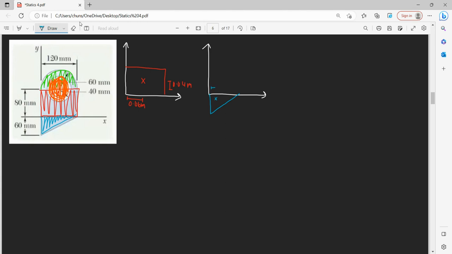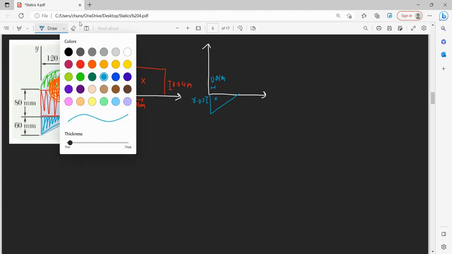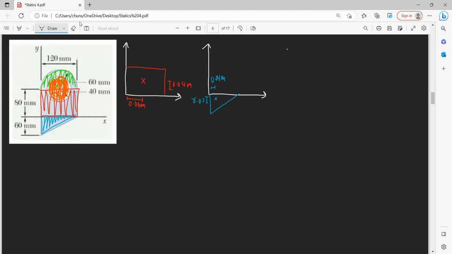So then this is 120 divided by 3, which is 40, so that's 0.04 meters. And then that's negative 60 divided by 3, that's negative 0.02 meters. And now here's where you have to be careful.